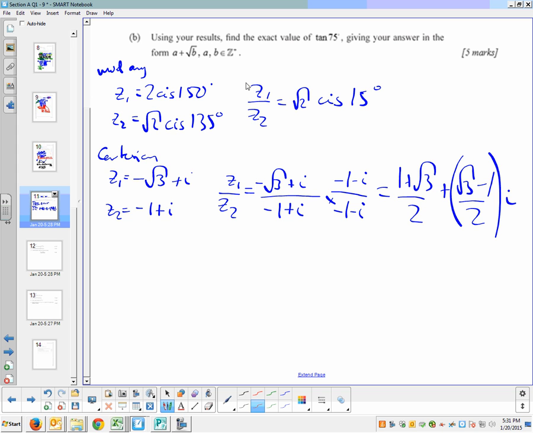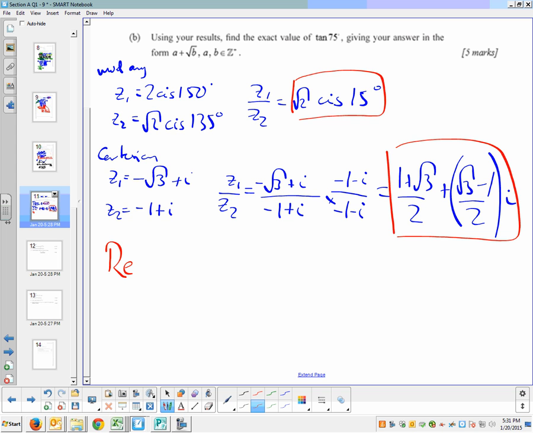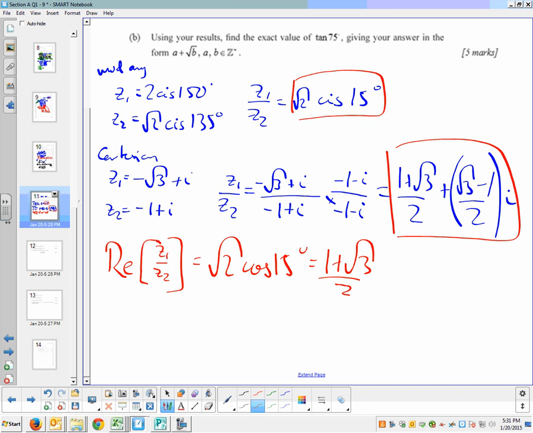Then what you do is you take these two numbers, these are equal, and you pull out the real parts. The real part of Z1 over Z2 is root 2 cos 15, or (1 plus root 3) over 2. And that gives you cos 15 is (1 plus root 3) over 2 root 2.